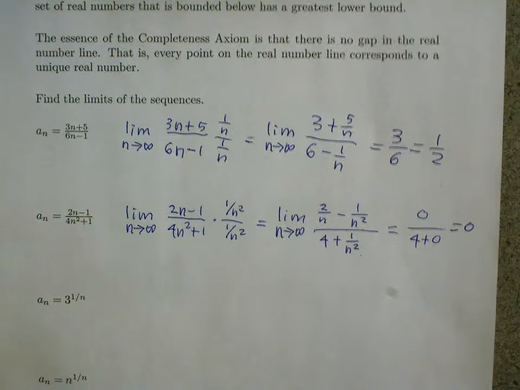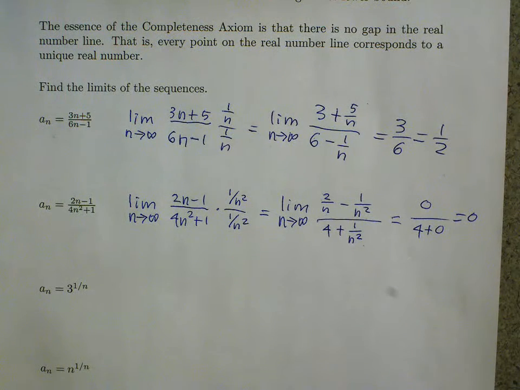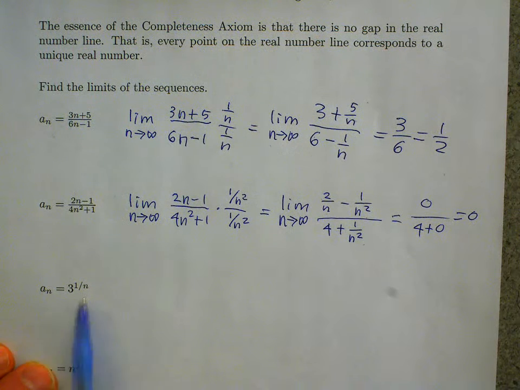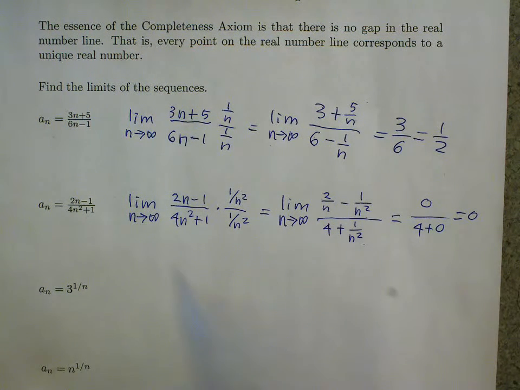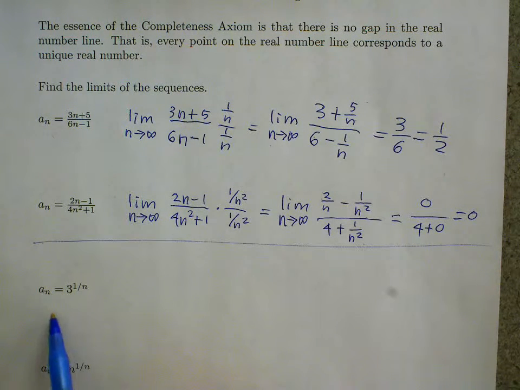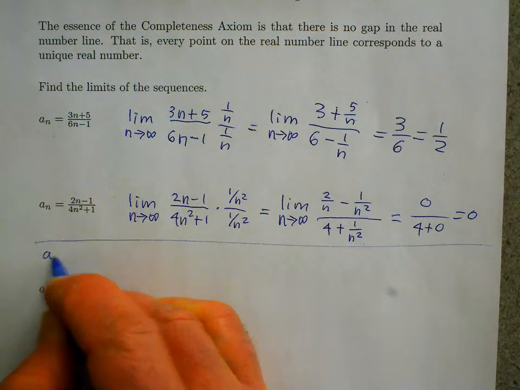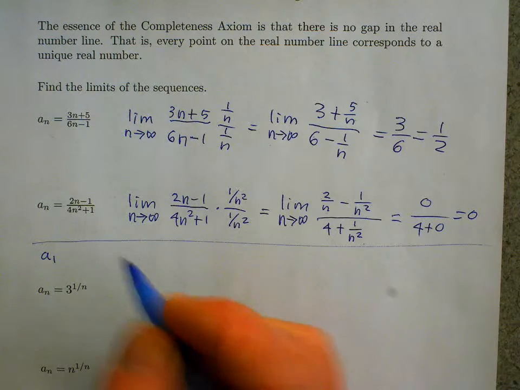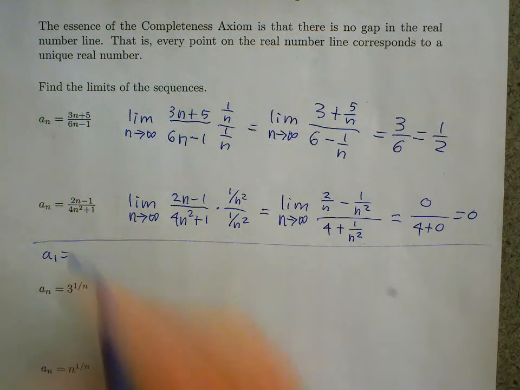Okay, the next one, a sub n, the nth term is 3 to the 1 over n. So maybe, just in case it helps, I'll list the first few terms in this sequence. So a sub 1 is 3 to the 1 over 1, or 3.